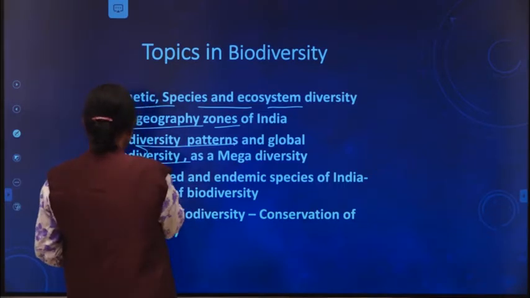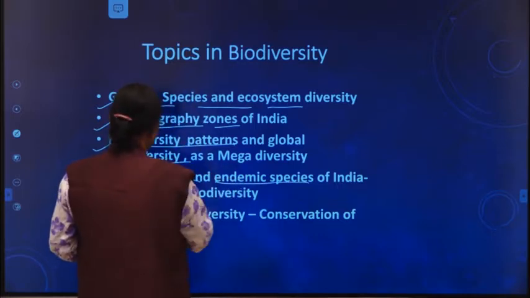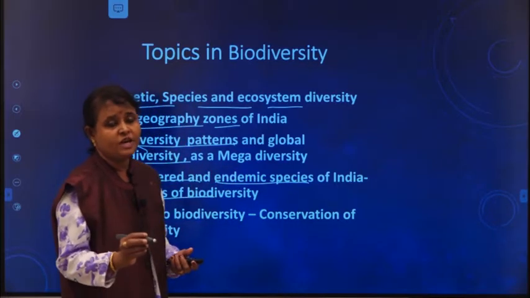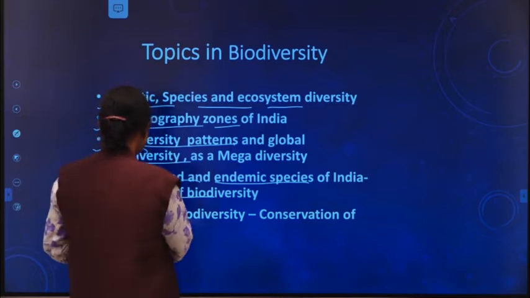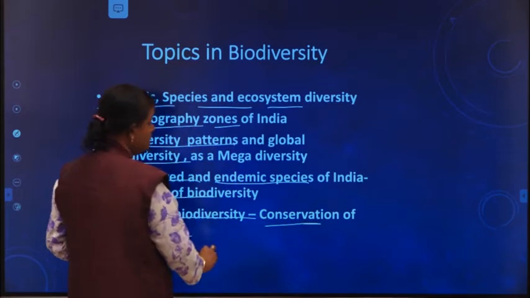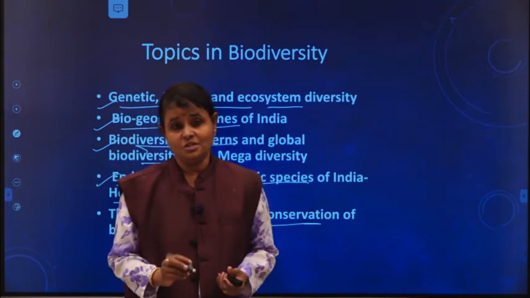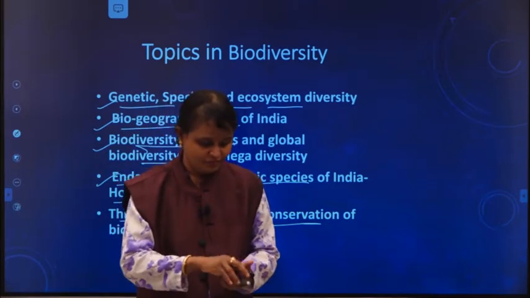Now, the other one, endangered and endemic species of India. Next, hotspots of biodiversity. The last one, threats to biodiversity and conservation methods of biodiversity. Let us see ecosystems in detail now.